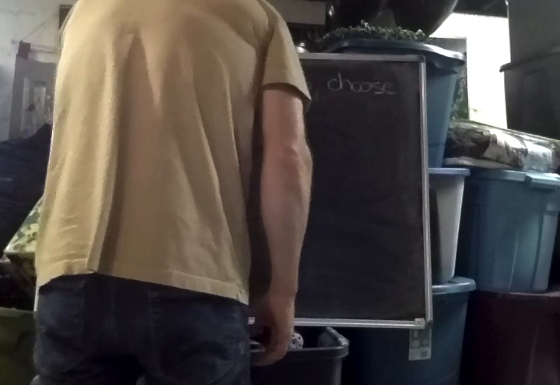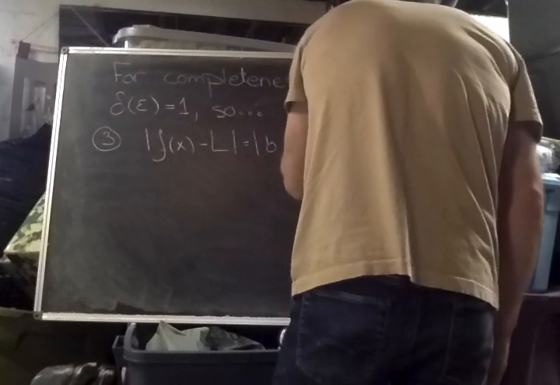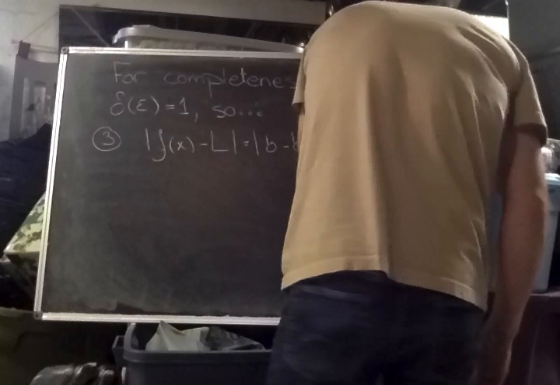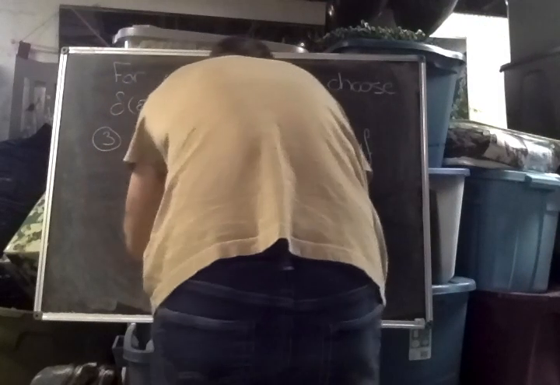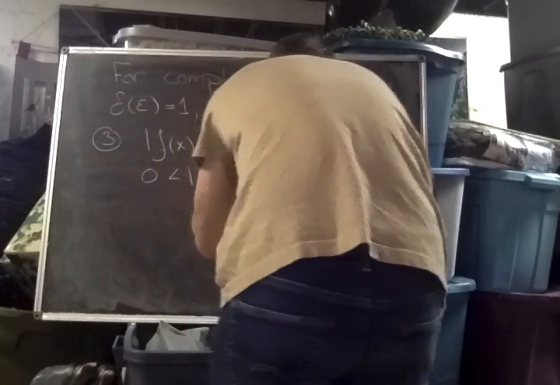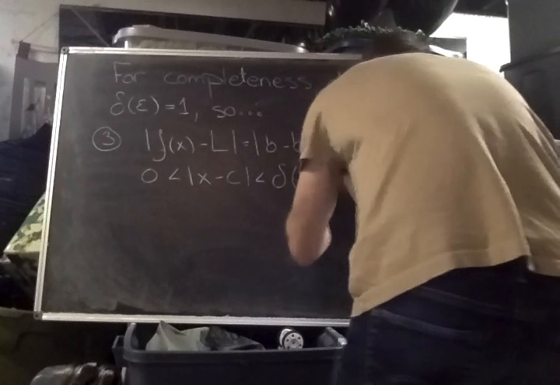So f of x minus L, equal to b minus b, is less than epsilon if 0 is less than absolute value of x minus c, which is less than delta of epsilon.